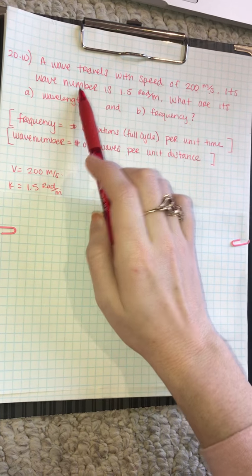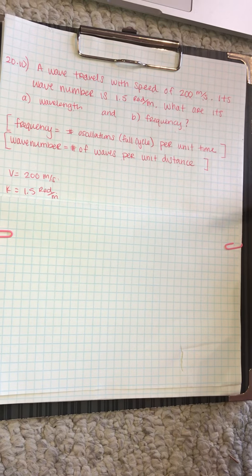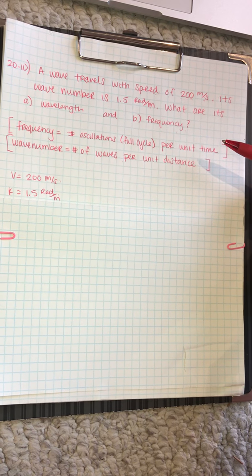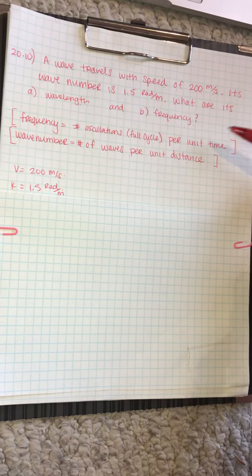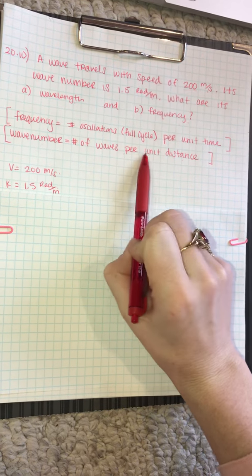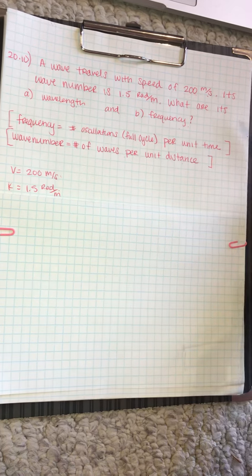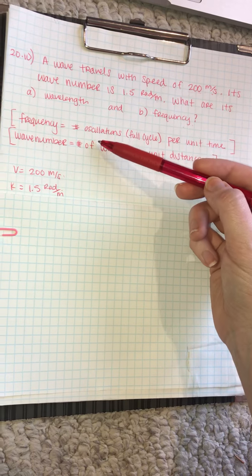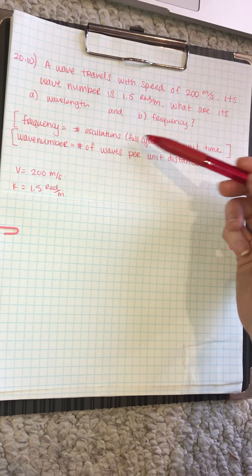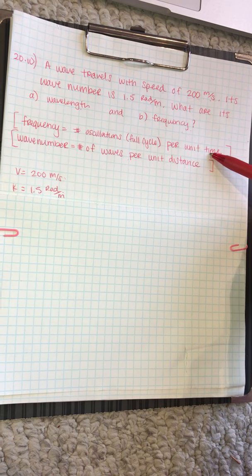So wave number can be kind of tricky to think about if you don't have practice with it. So I wrote down what it means. Wave number equals the number of waves per unit distance. So kind of similar to frequency. I like to relate it to frequency a bit. Frequency is number of waves per unit time.